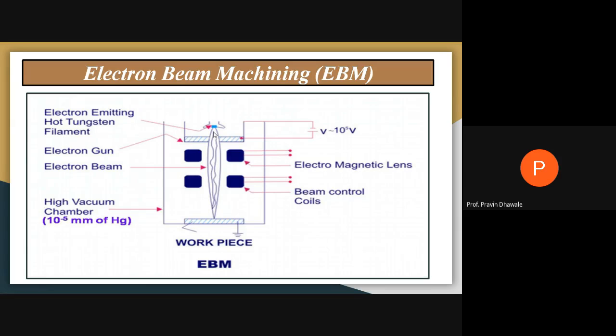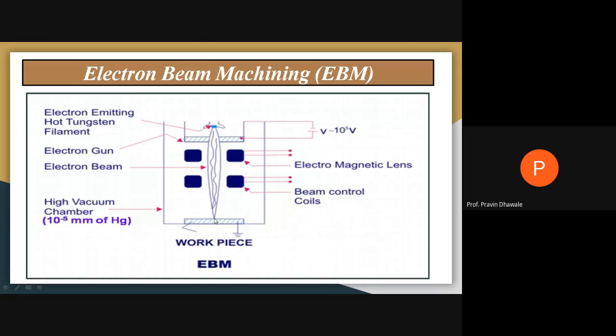To produce that electron beam, we use certain magnetic lenses as well as certain beam control coils. They are shown here. These are the electromagnetic lenses and these are the control coils, so that whatever electrons are emitted from the tungsten filament or electron gun come out in the form of beams and strike at a particular location on the workpiece.